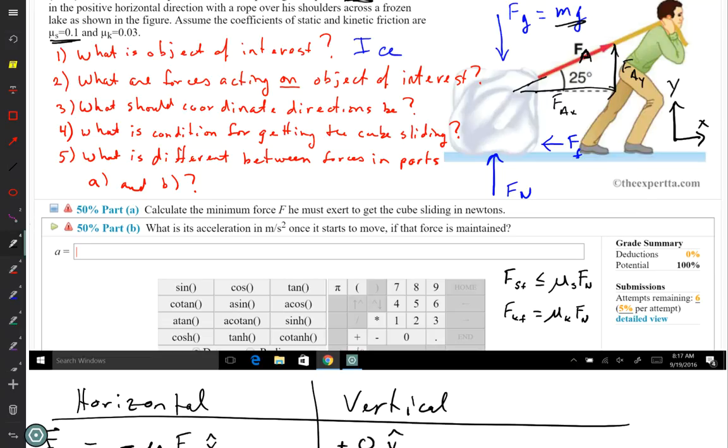Then my force applied x is the adjacent side, because it's making part of that 25-degree angle. And so with my trigonometric functions, cosine of the angle will relate hypotenuse and adjacent, specifically cosine of theta equals force AX over force A. Now notice I use theta.